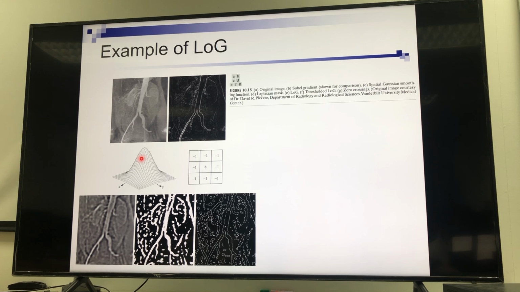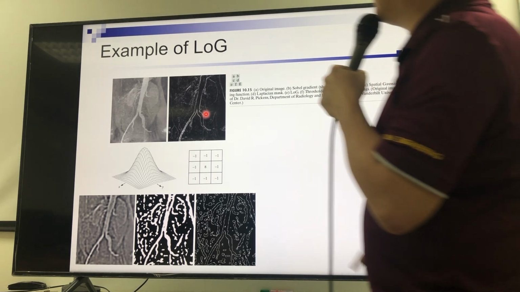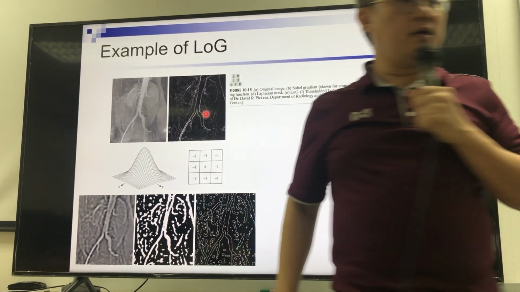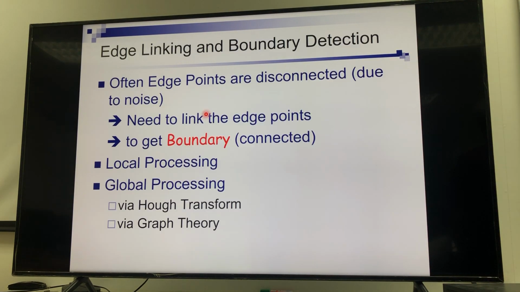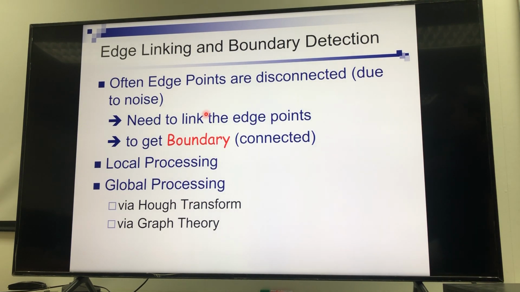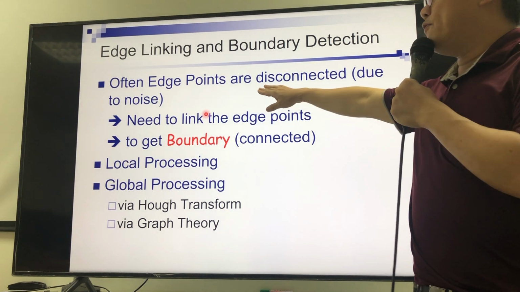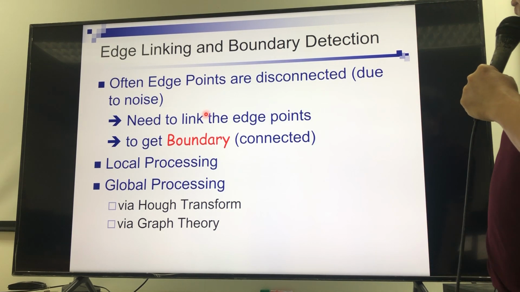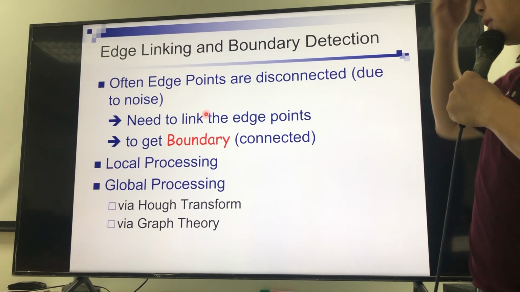So you can apply the first derivative or second derivative for segmentation as well. A lot of times this one is good, right? It's connected, and then you do the zero crossing. However, many times the edge points are disconnected due to some noise.